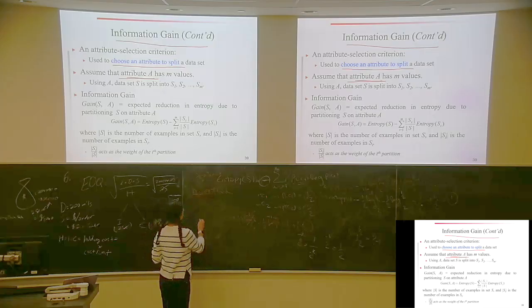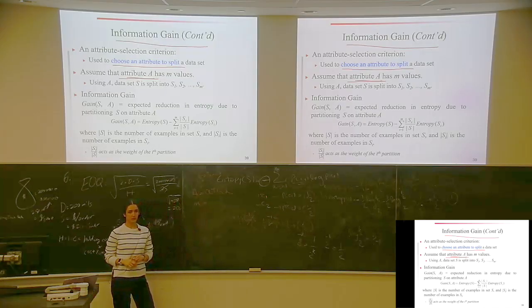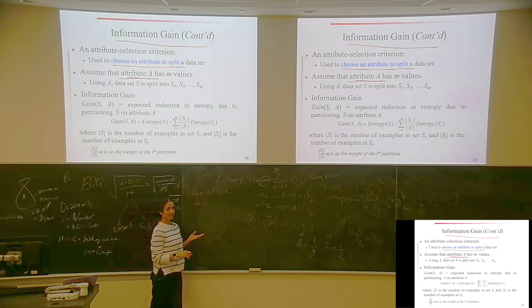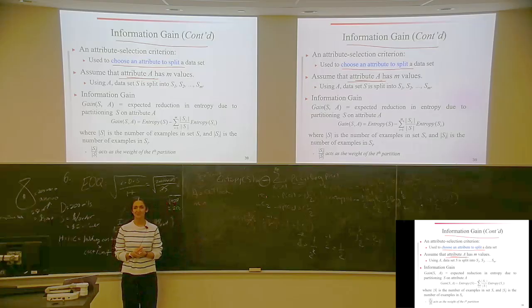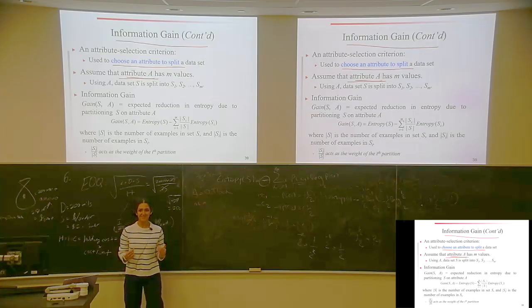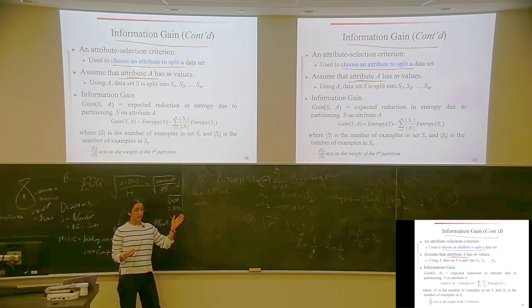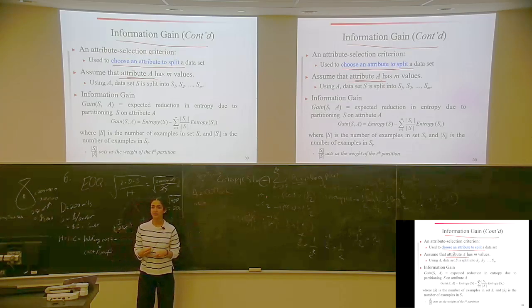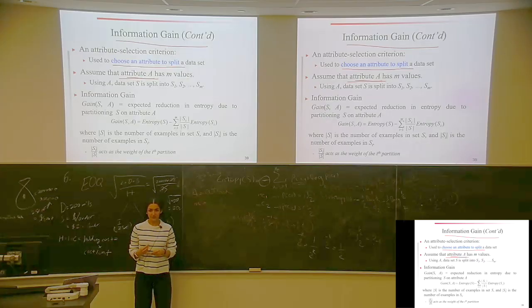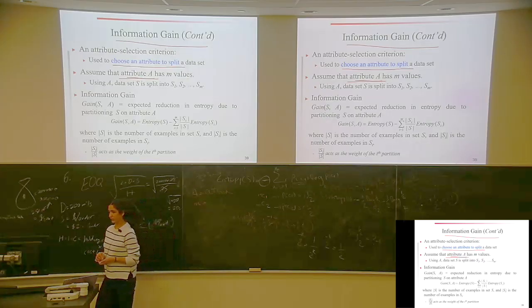Then what would be M? Number of attributes? Like the attributes or the conditions? It is the number of distinct values in that attribute, right?